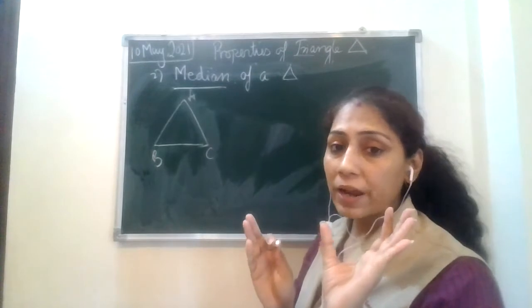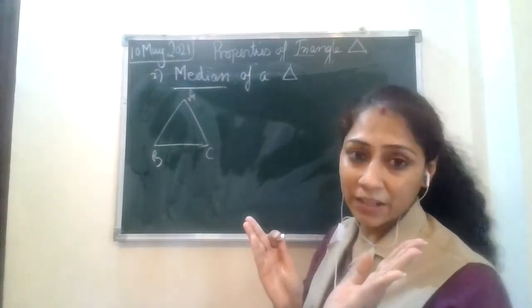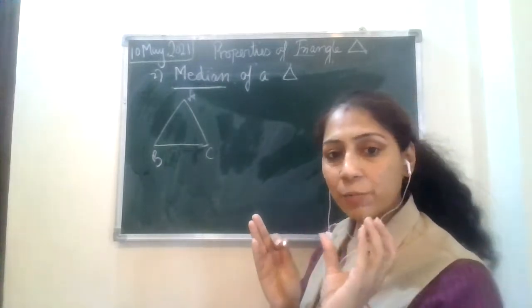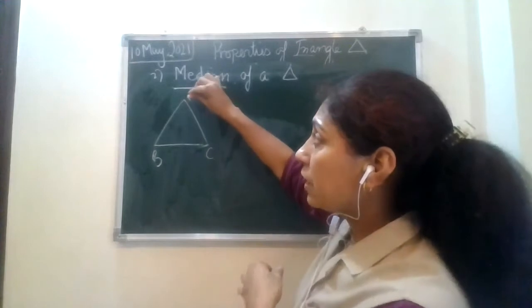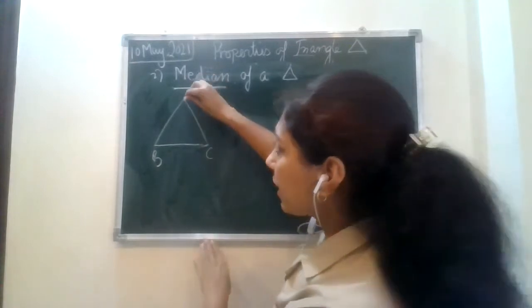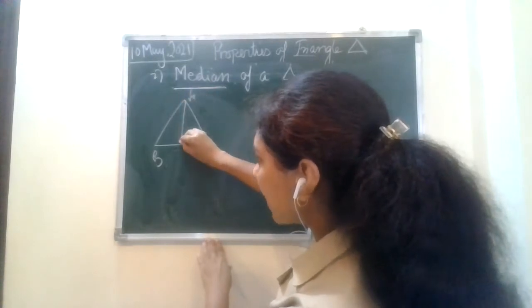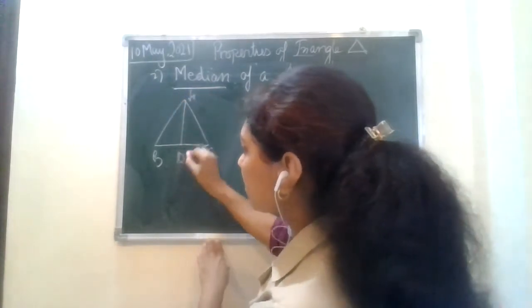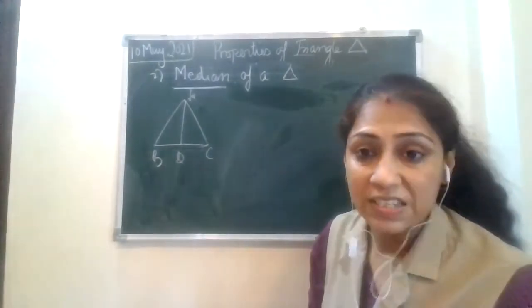So that is called line segment. उसके कोई arrows नहीं होते. No arrows on either side. It is without arrow. Line segment ऐसे ही होता है. And I'm saying from vertex A, if you draw a line segment on BC such that it touches BC at its midpoint, that means BD is equal to DC.